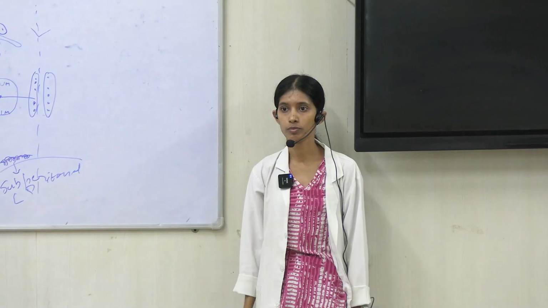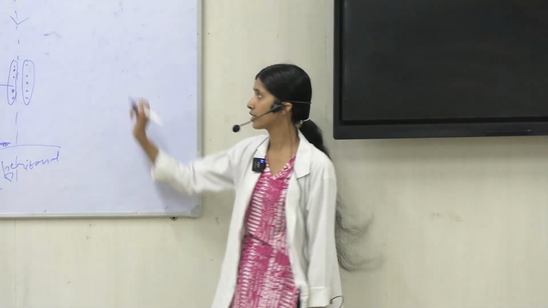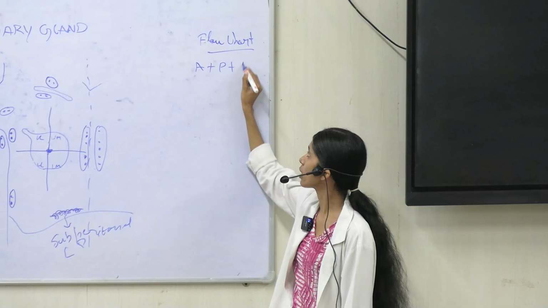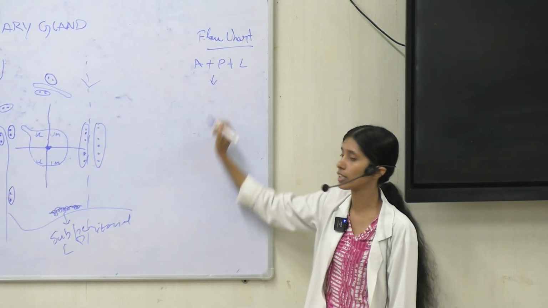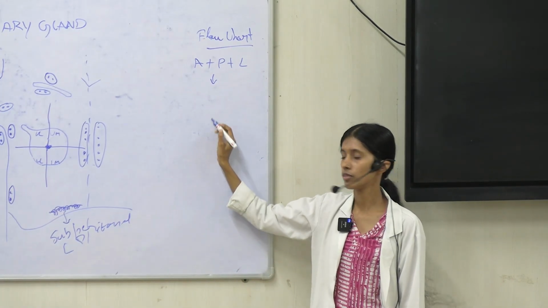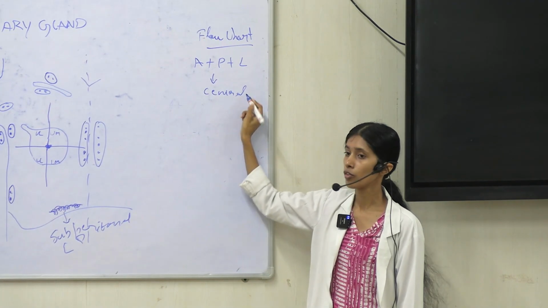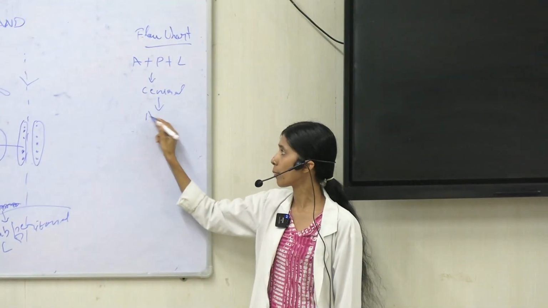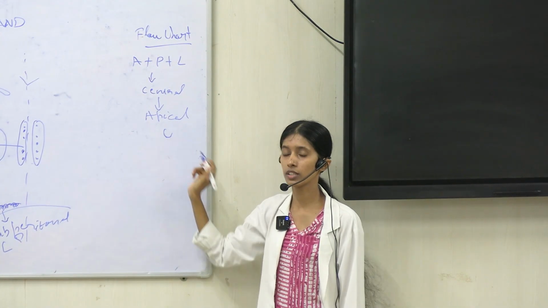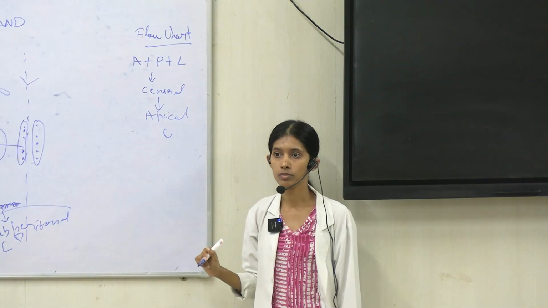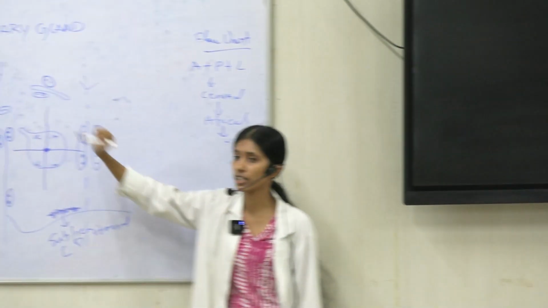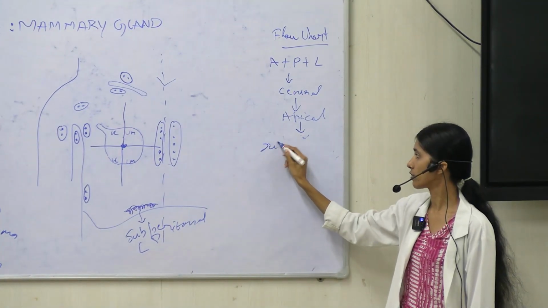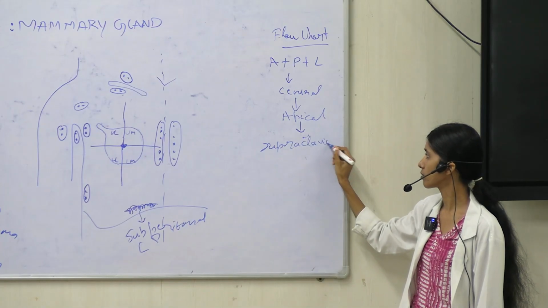First, the lymph will drain into the anterior group, posterior group and lateral group, right? From the anterior, posterior and lateral group, it will drain into the central group. From the central group, it will drain into the apical group. From the apical group, it will drain into the supraclavicular nodes.